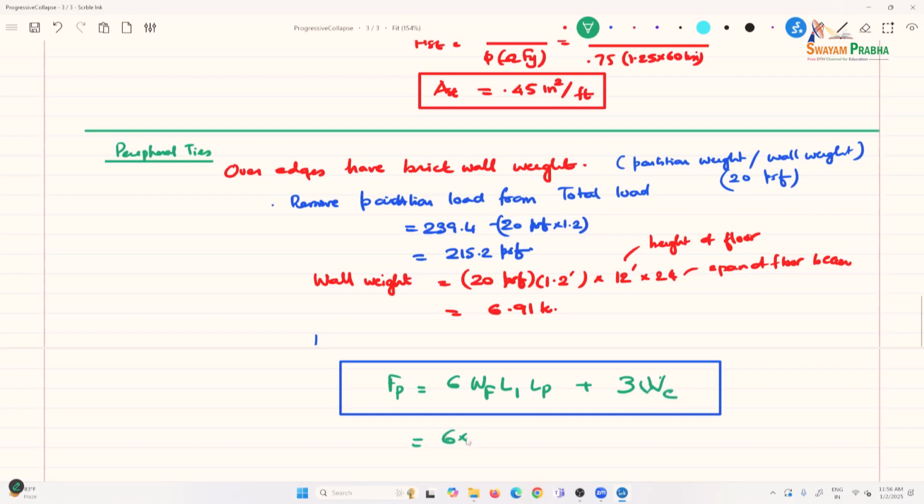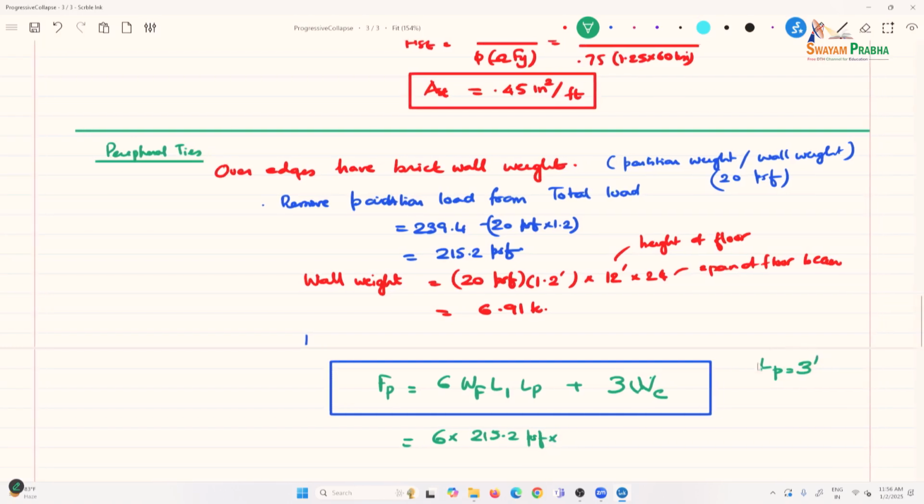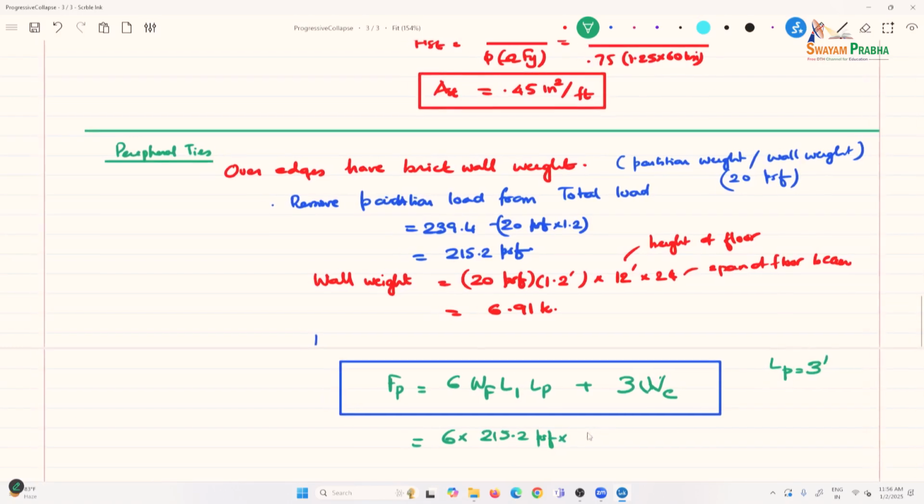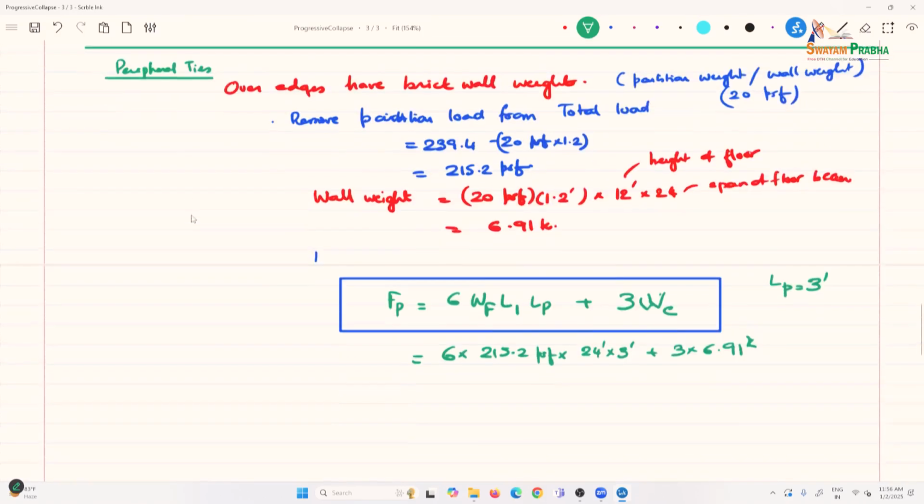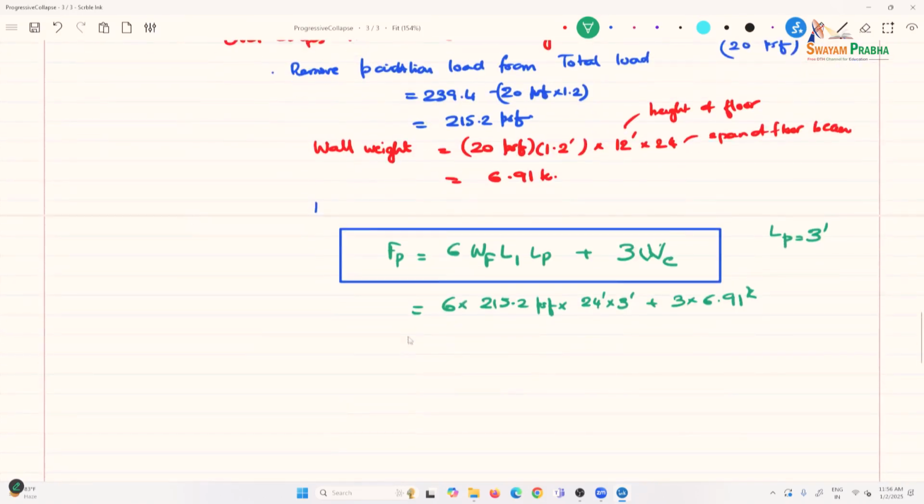So comes to 6 times 215.2 PSF. LP, we have said this is spread over 3 feet, over 1 meter. So L1 is 24 feet, this is 3 feet plus 3 times 6.91 kips. That is why the wall weight was separated for peripheral ties. So all of it comes to 102.2 kips.